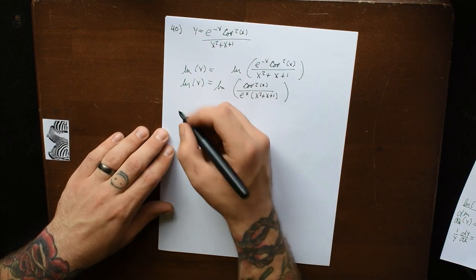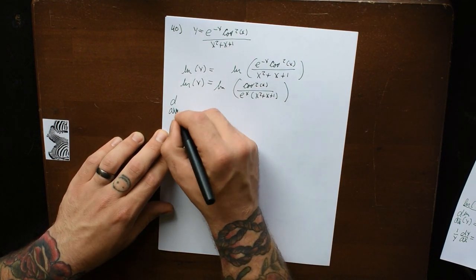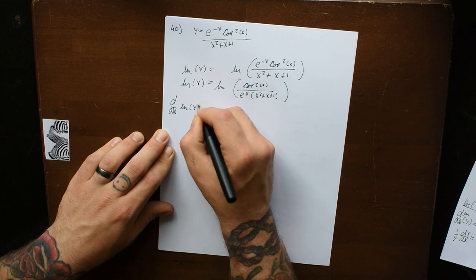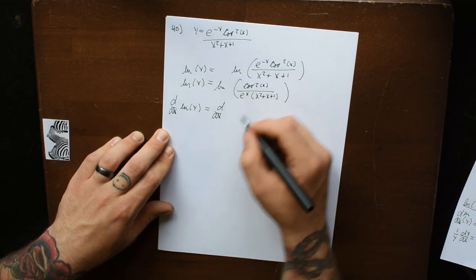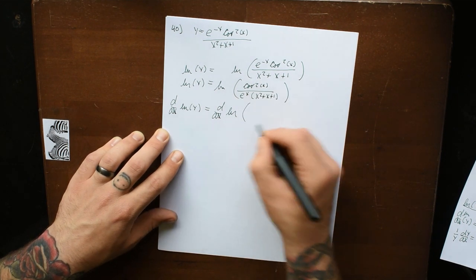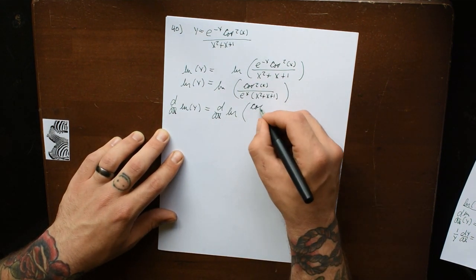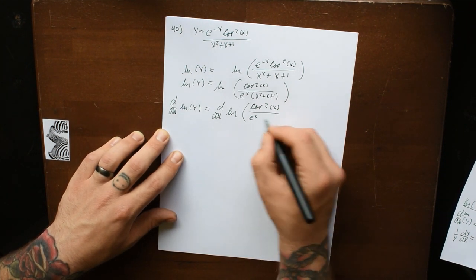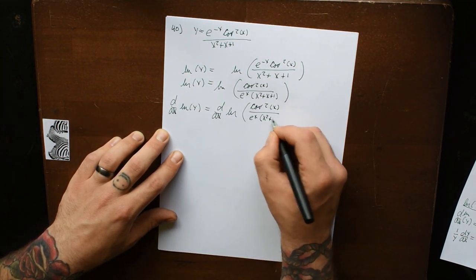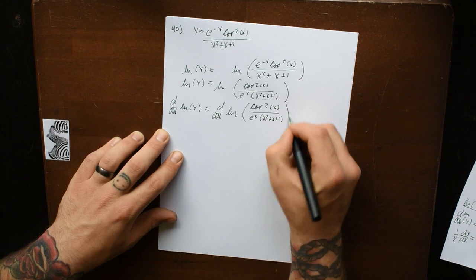So now, when we take the derivative with regards to x of the natural log of y, that has to be equal to the derivative with regards to x of the natural log of cosine squared of x all over e to the x times x squared plus x plus 1.